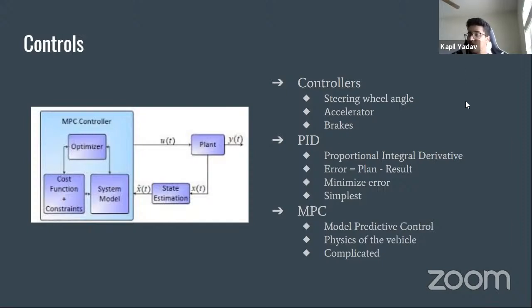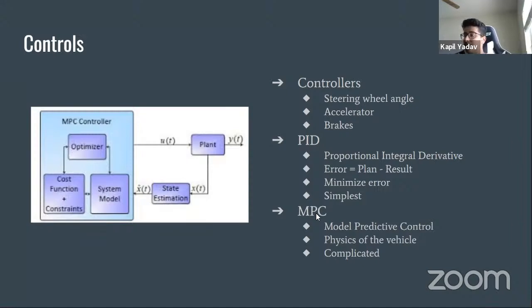So for the controls algorithm, we have different controllers, right? And all those controllers do is change one of these three things, right? Either the steering wheel angle, the accelerator, they press the accelerator, or they press the brakes, right? There's only three main things you can do in a car, and those are the things it controls.